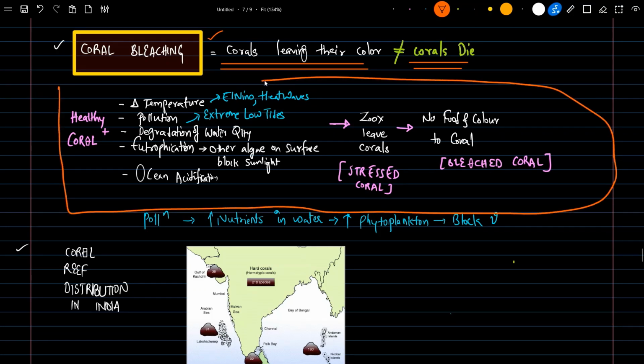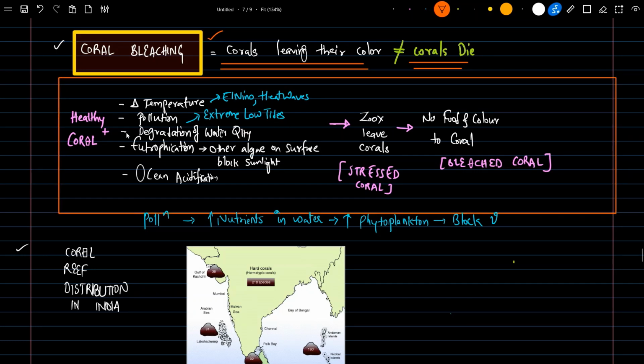So let's understand this flow. We know that there will be a healthy coral present. If any of these kinds of situations happen, like a change in temperature which may be happening due to El Nino or heat waves or any other reason, or, let's say, pollution, because with extreme low tides there will be accumulation of pollution added to the water body, or the third reason, degradation of water quality due to any reason like water pollution.